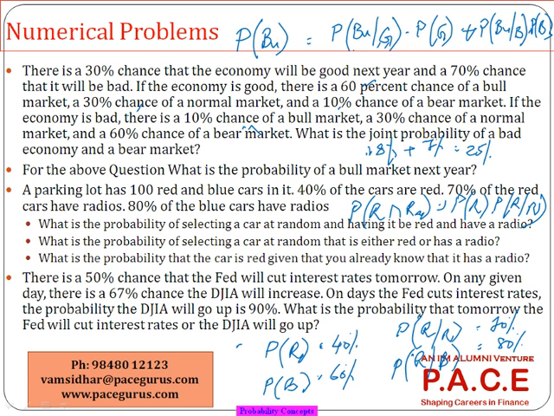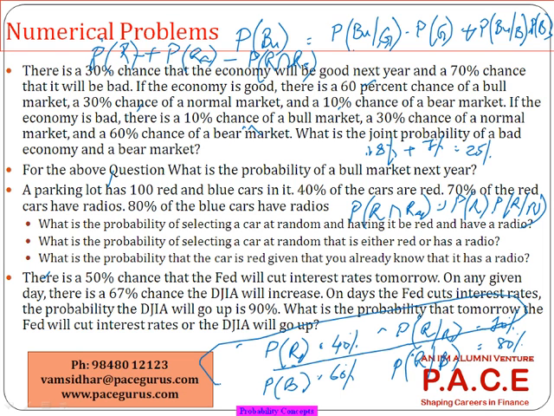What is the probability of selecting a car that is either red or has a radio? Which is nothing but the addition rule. Probability of red plus probability of radio minus probability of red and radio. Red and radio we have already talked about, 28%.